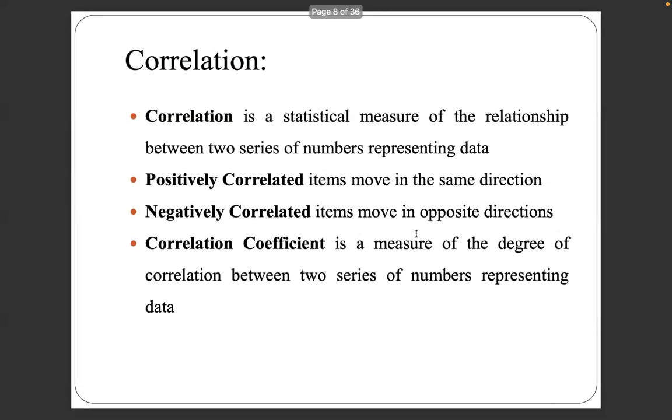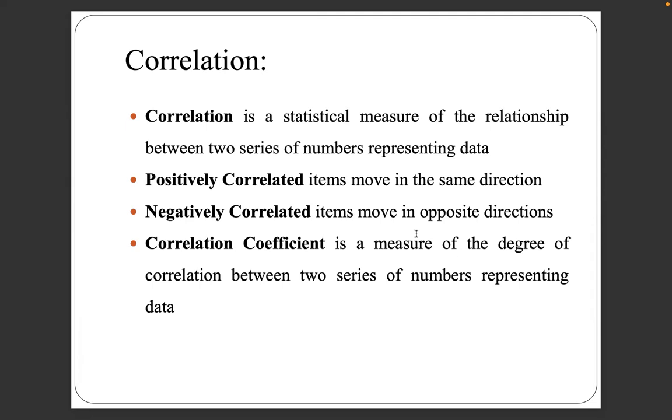So correlation gives the direction as well as an idea of how strong the relationship is. If it is a positive correlation value, then those two stocks are moving in the same direction. Both expected returns are increasing, and it has a strong relationship.